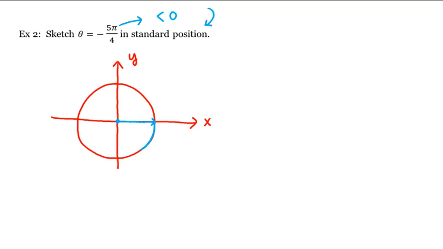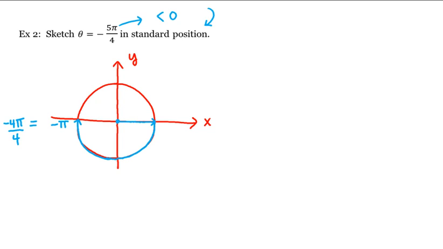So remember that half of a rotation measures negative pi radians in the clockwise direction. And how many fourths is negative pi? Isn't that negative 4 pi fourths? Which means we need to keep going.